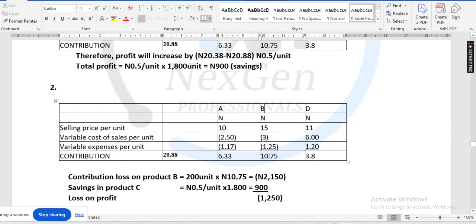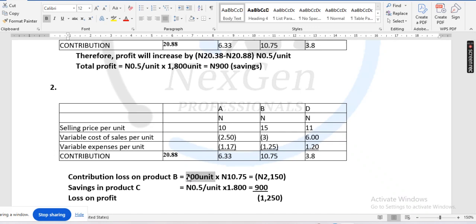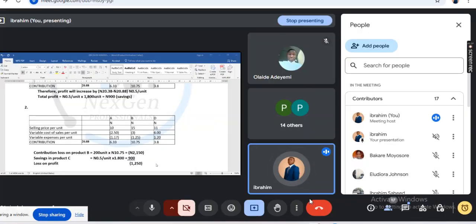First, you will lose contribution of 200 units from 1,200 units as a result of discontinuing product C. Now, you discontinue product C, you will have savings because you are already making a loss on that product.